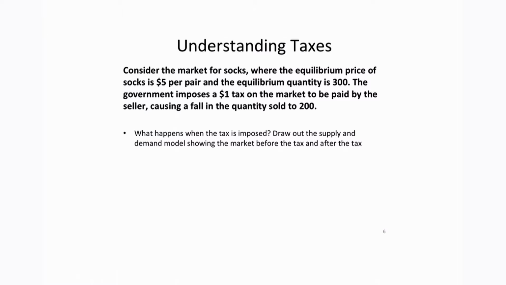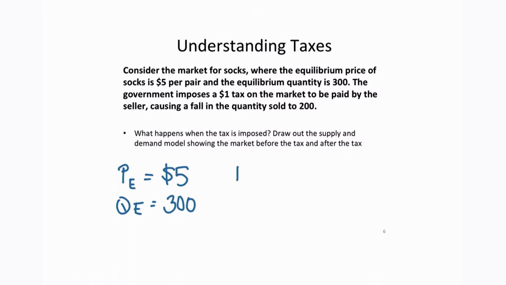So let's work through an example here. Again, you can pause the video, work through this yourself, and then come back for the answers and explanations. Let's consider the market for socks, where the equilibrium price, PE, is $5. The equilibrium quantity, QE, is 300.